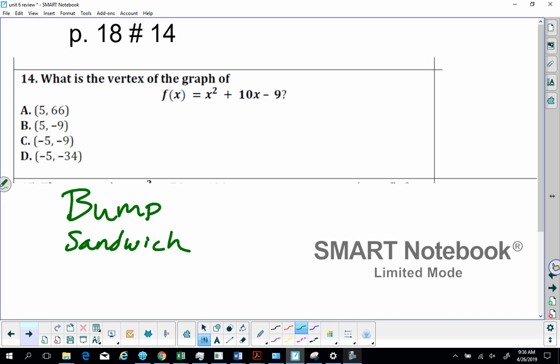The reason why I call it a sandwich is because in your table, you're looking for a number, a different number, and then the same number again. So an ABA pattern. So it would be like -9, 8, -9, or something like that.